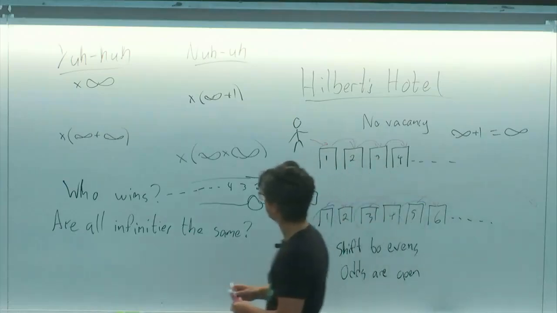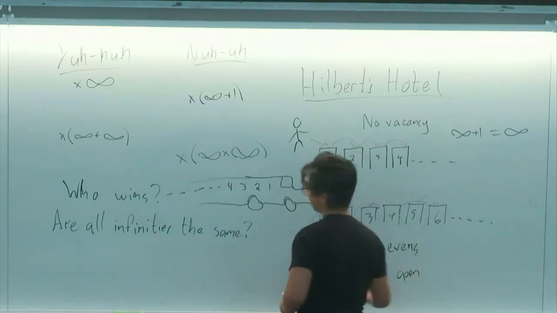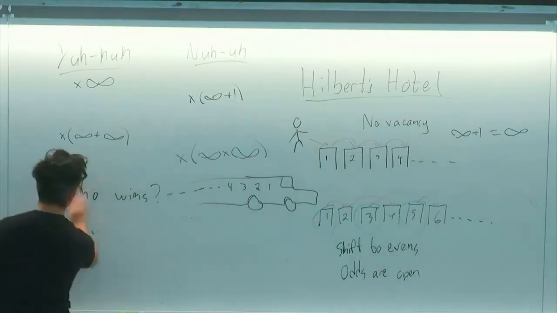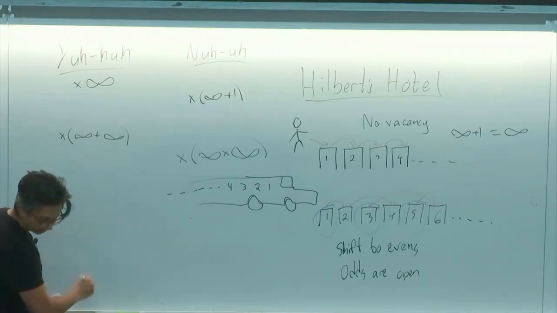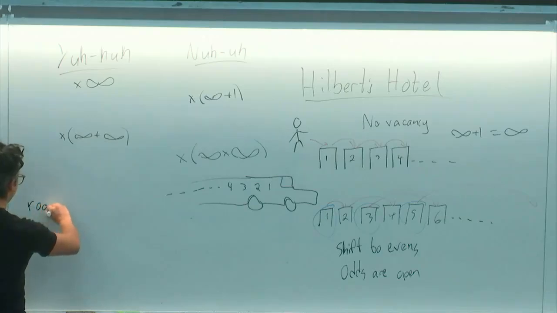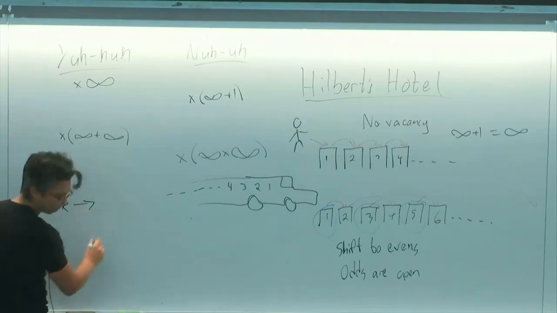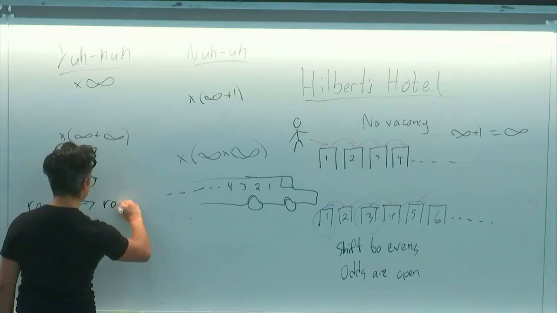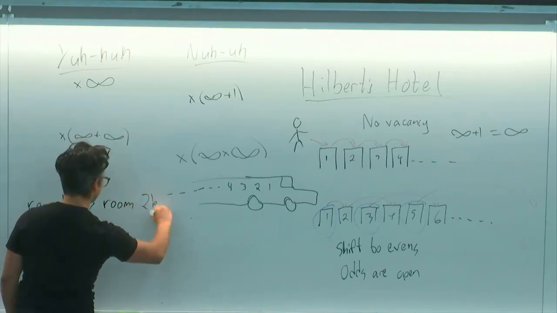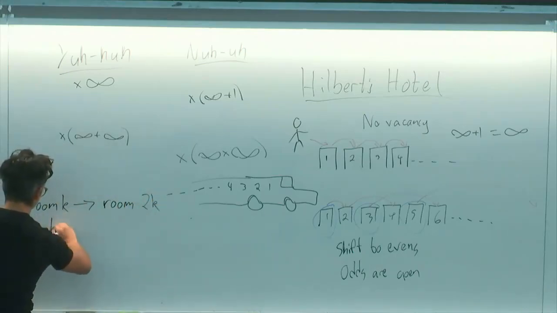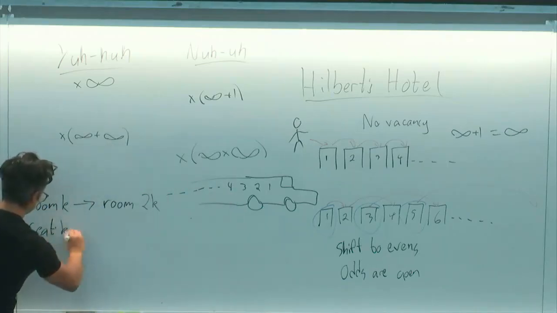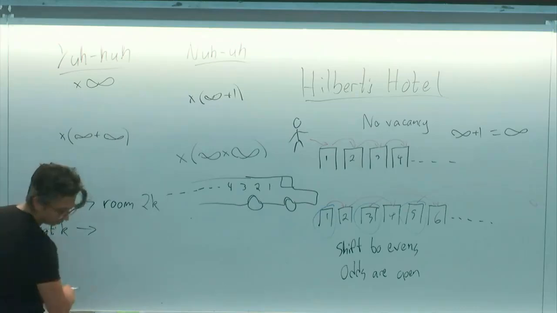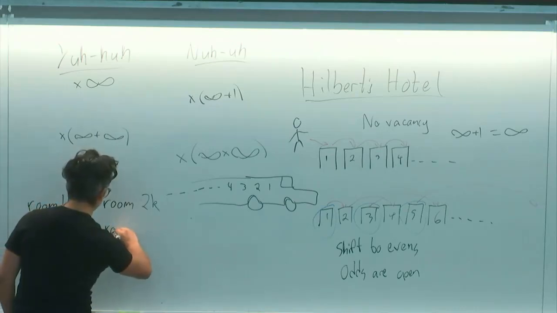And what that actually looks like is that room K goes to room 2K, and seat K, as in from the bus, can go to room 2K plus 1.